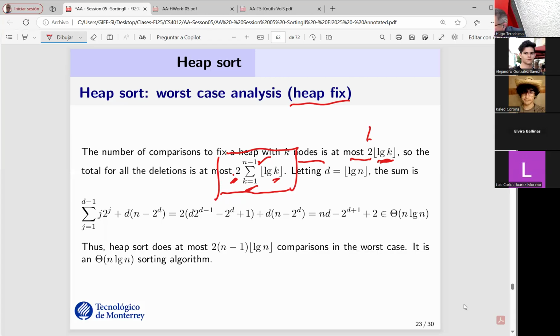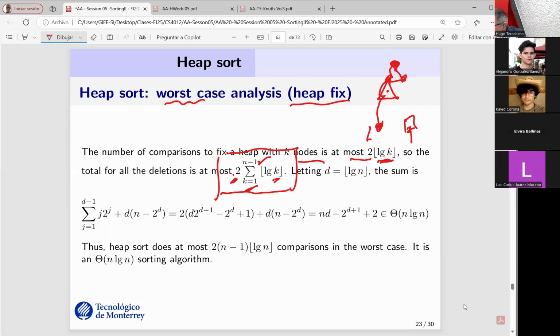Now, remember, the cycle is going to take this element and put it in the right position, the last position. But this element that I'm swapping, I'm going to put it at the last level because it's the worst case, right? It's the worst case. So I need to compare with this and with this, right? And then I go on one side and I compare with these two and with the element that I have. So the 2 is the comparisons that I do at each level.